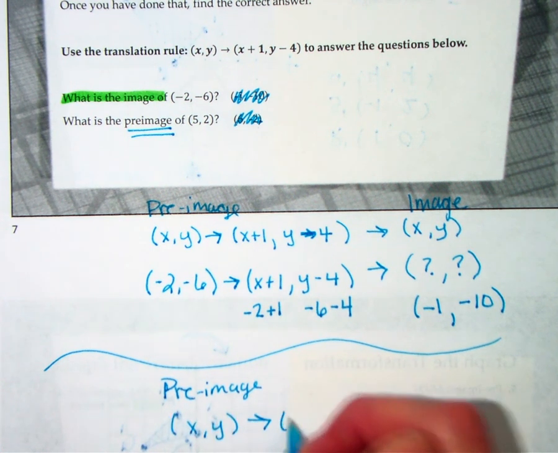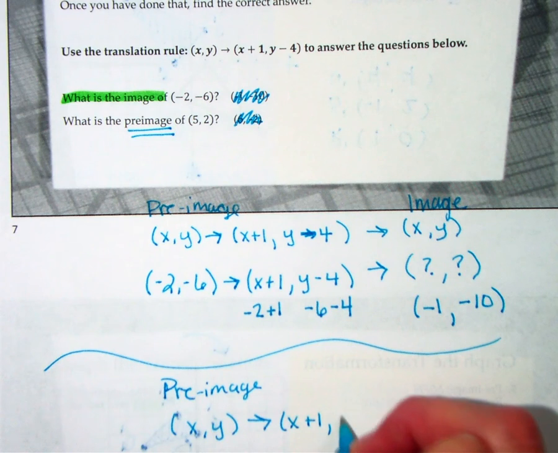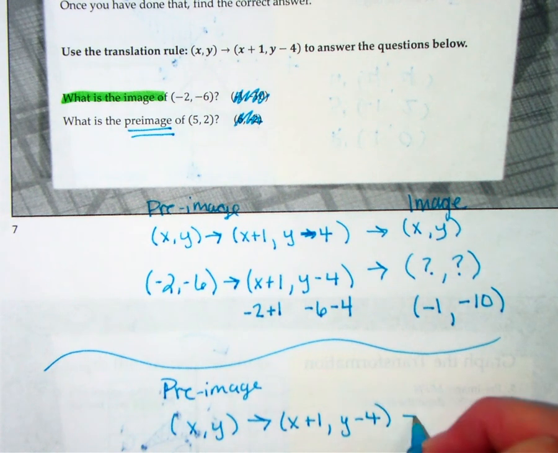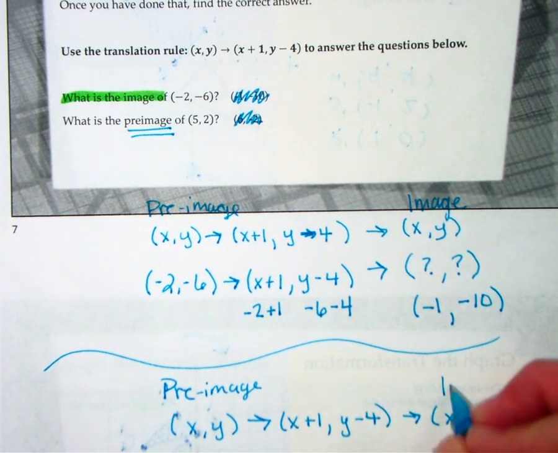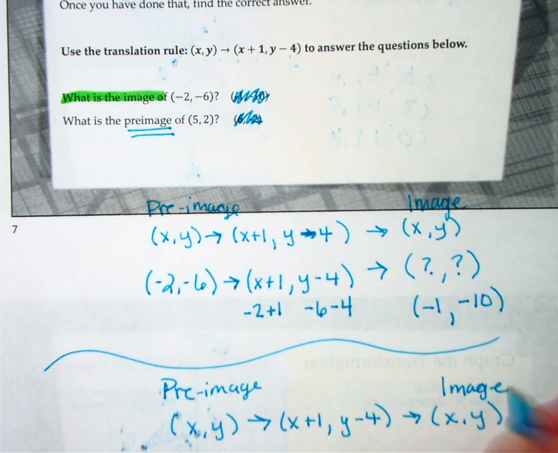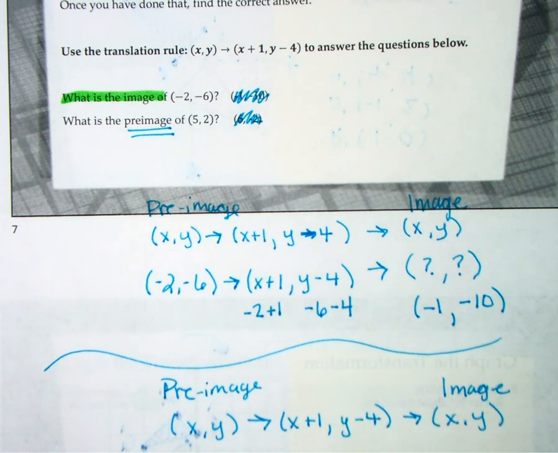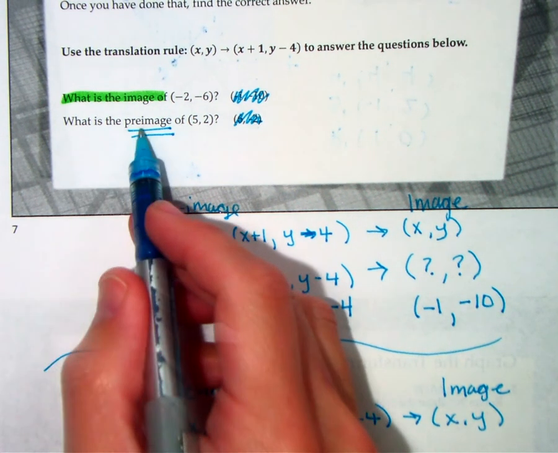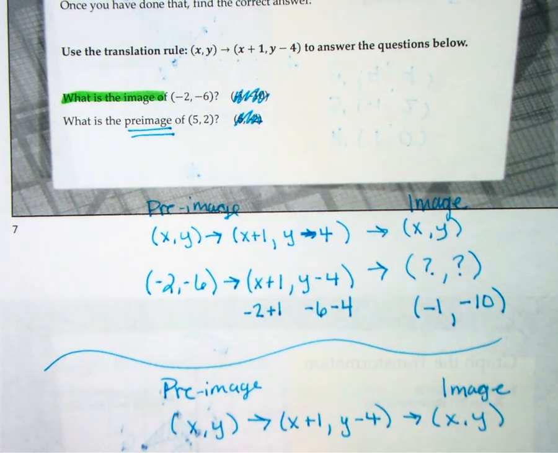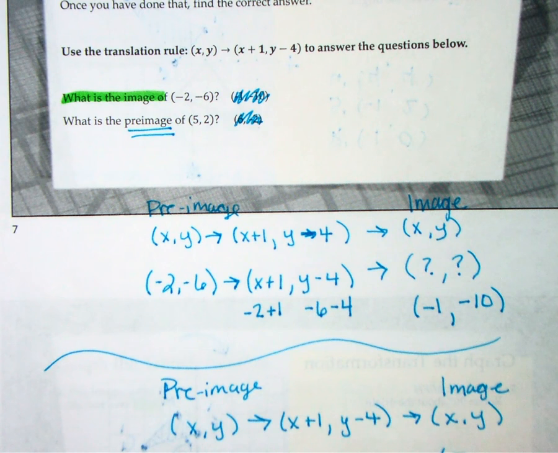I throw that pre-image through the rule, and I end up with my new x, y, which is my image. If it says, what is the pre-image? That means I don't know my pre-image. I do know that I ended up at the point 5, 2.